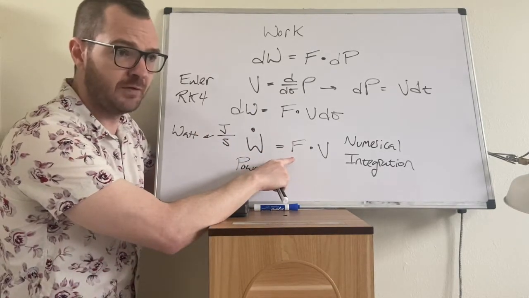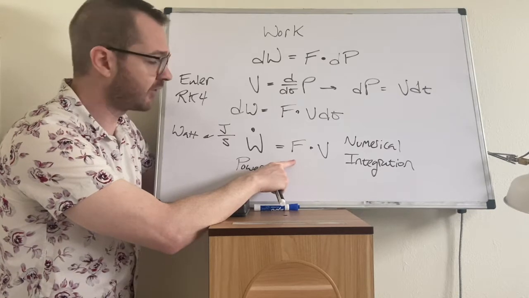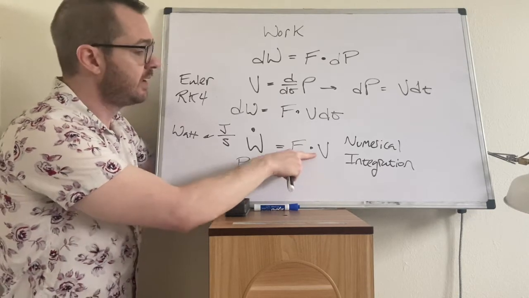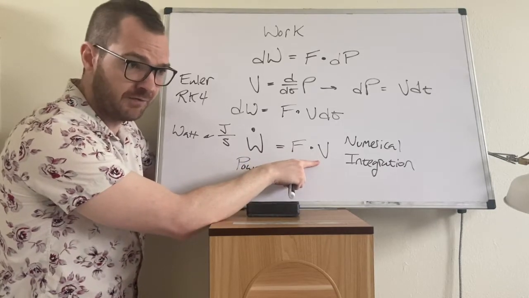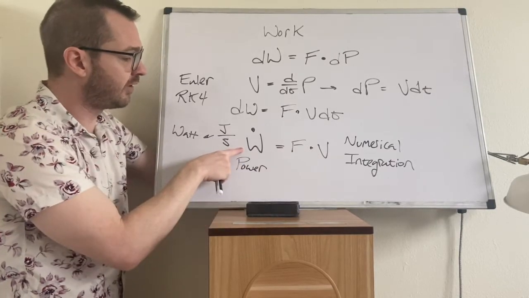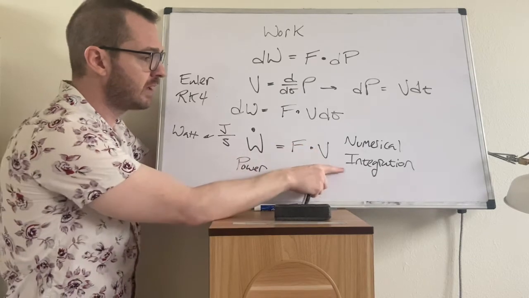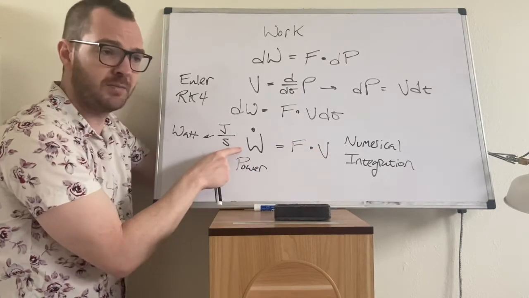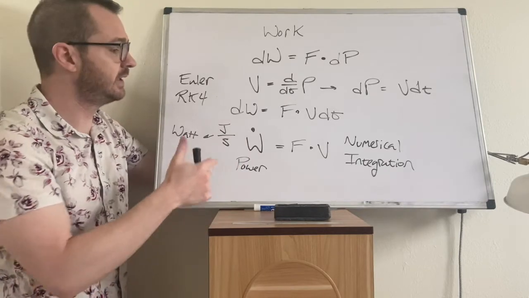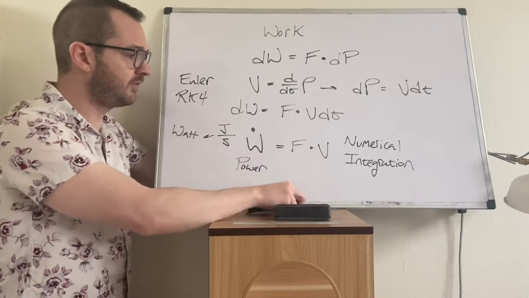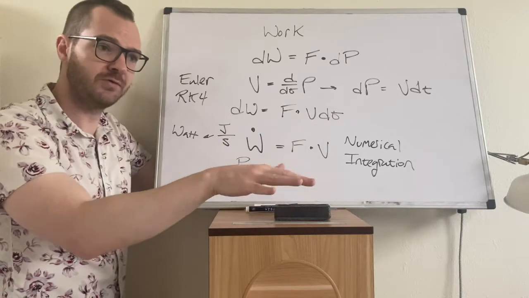If you can solve for the aerodynamic drag on your aircraft, this is a vector. You dot that with the instantaneous velocity vector of the aircraft. You solve for W dot, and then you can numerically integrate this W dot value over a period of time in your dynamic simulation. And if your aircraft is going through all kinds of maneuvers, that's fine.